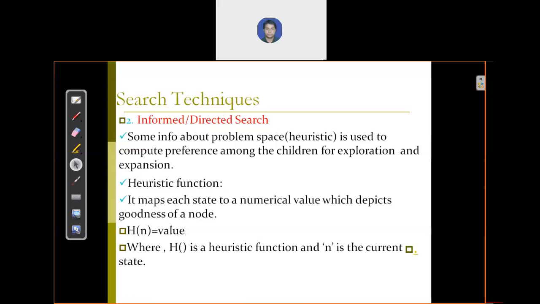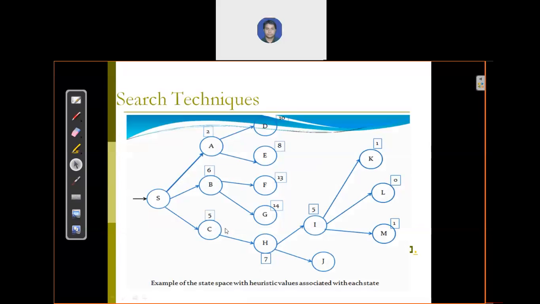We know the cost from A to B, and for B to the goal state, we have an estimated cost. We have a good idea about the domain of the problem. So in informed search, we use a heuristic function. Heuristic is just some kind of guessing about the domain.